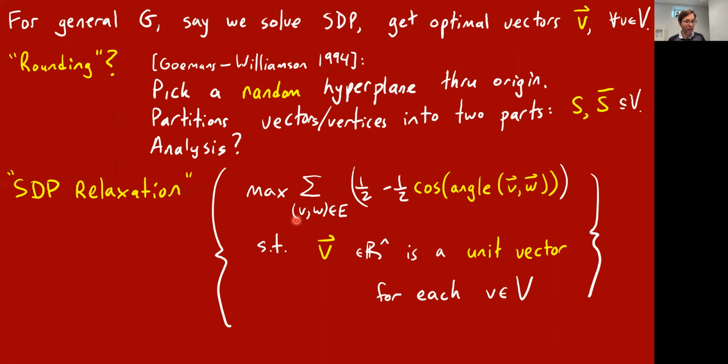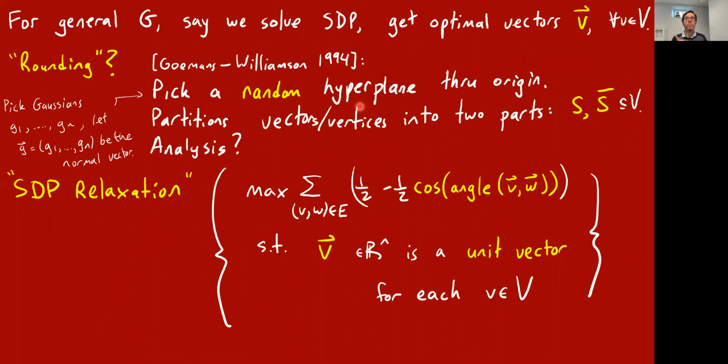And now we would like to analyze this and understand, in expectation at least, what number of edges we can expect this to cut. And just as a callback to lecture 3 or something, algorithmically, how do you actually pick a random hyperplane through the origin? Well, you can associate a hyperplane with its normal vector.